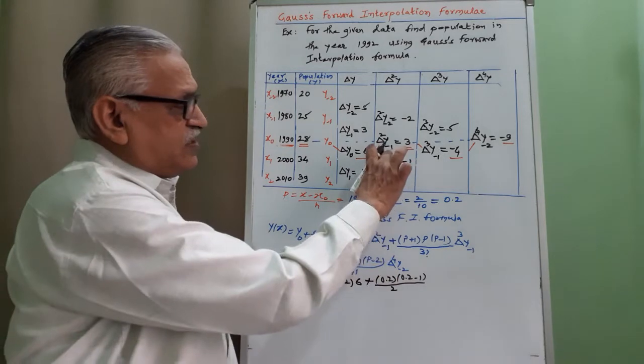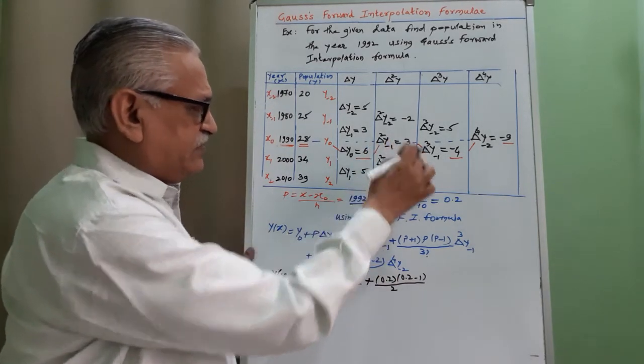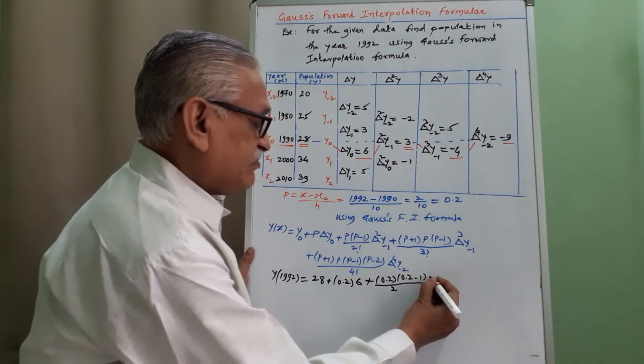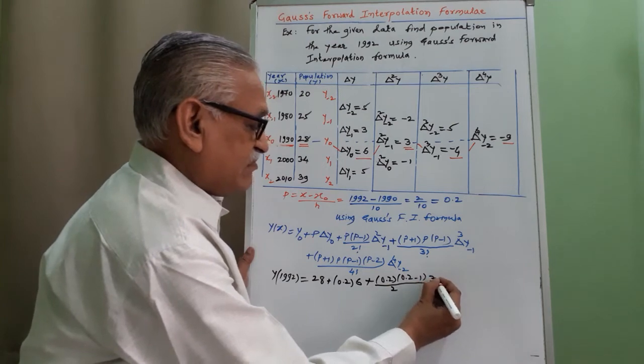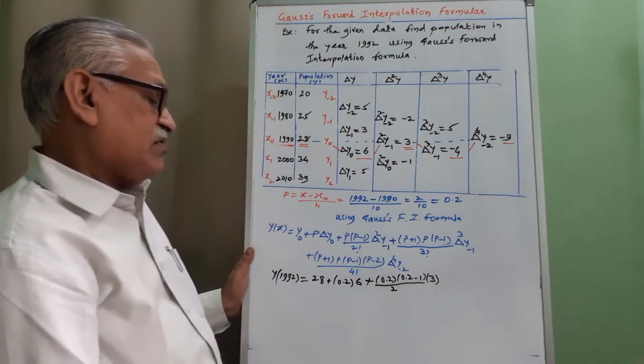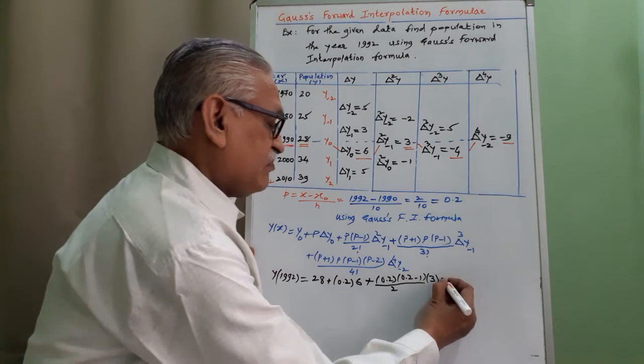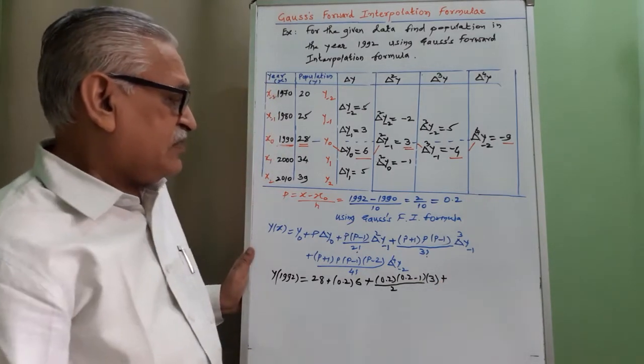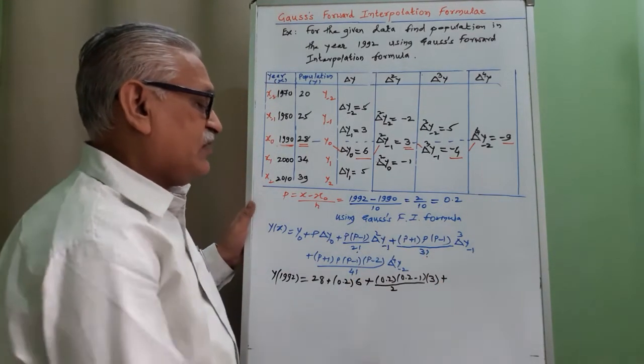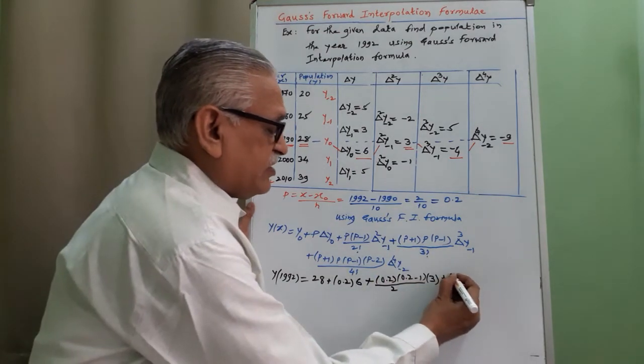Del square y minus 1 is 3. Plus P plus 1. P is 0.2 plus 1.